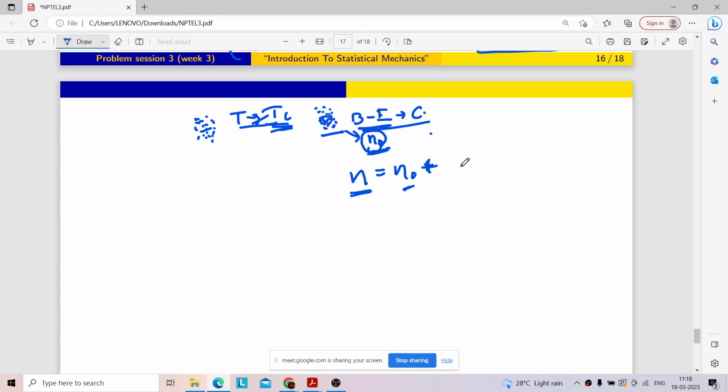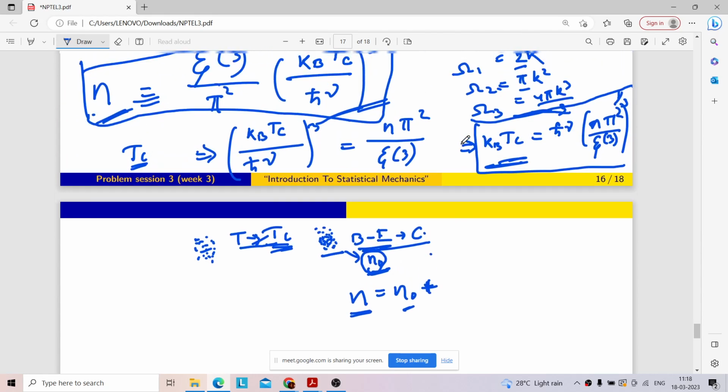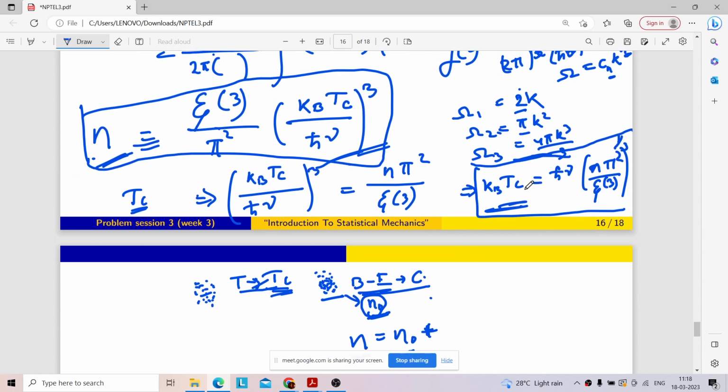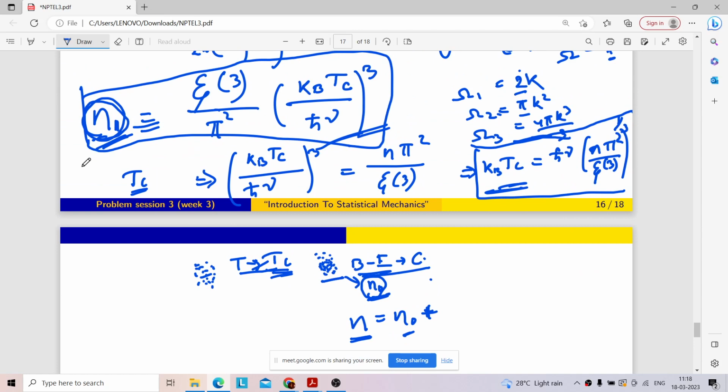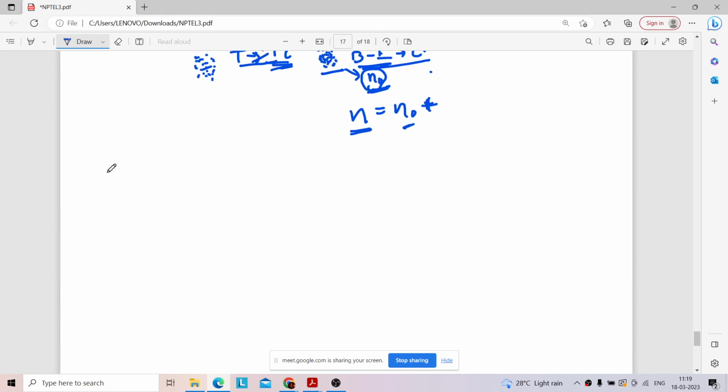The number of particles in the condensate are what we calculated from here. At T equal to Tc, what is the number of particles we are getting? These many particles will be in Bose-Einstein condensate. Let's denote this as N1. So total number of particles will be n0, which are not in the condensate, plus N1, which are in the condensate.